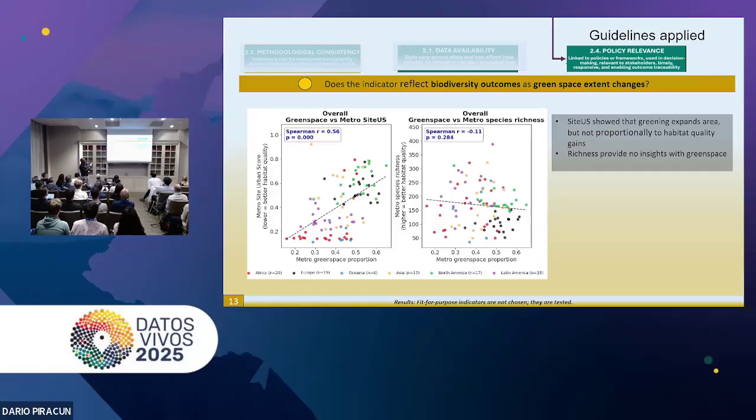Then for policy relevance, you need to understand why this is going to be policy relevant. We usually say, okay, we have a greening policy on green space. So what we try to test in this context is the proportion of green space in each metropolitan area.